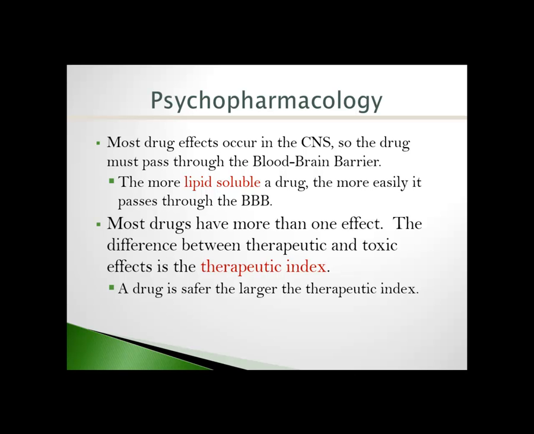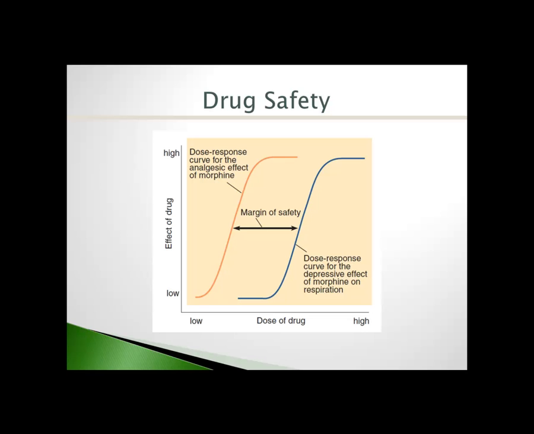All psychoactive drugs also generally have a therapeutic effect and then a toxic effect. And so you want this margin right here between the therapeutic effect and the toxic effect. So this is for morphine. Morphine decreases pain, but it also shuts down respiration, so it'll stop your breathing.